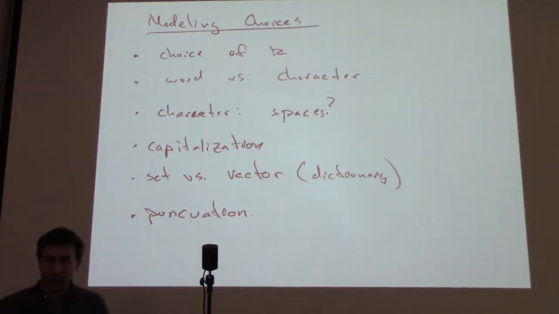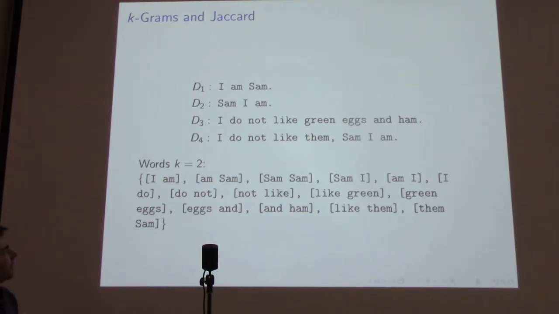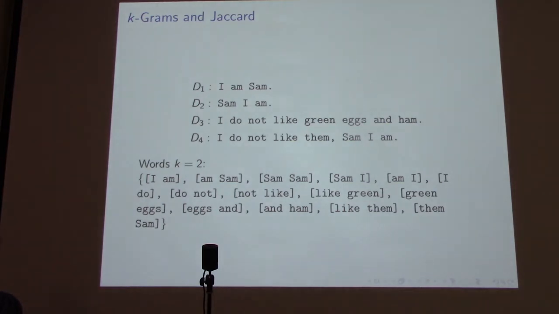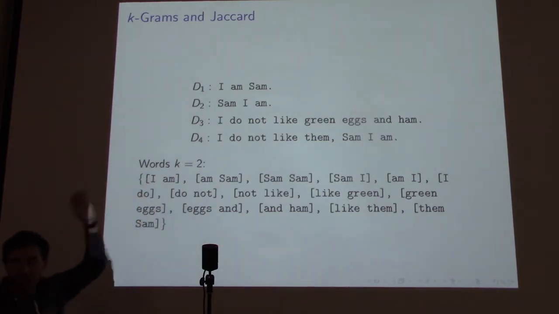All right. Okay. So let's try and bring this all back together. So now I'm looking at two-word grams on this set. Instead of treating them all as one set, I'm going to treat them as 4 different documents here.